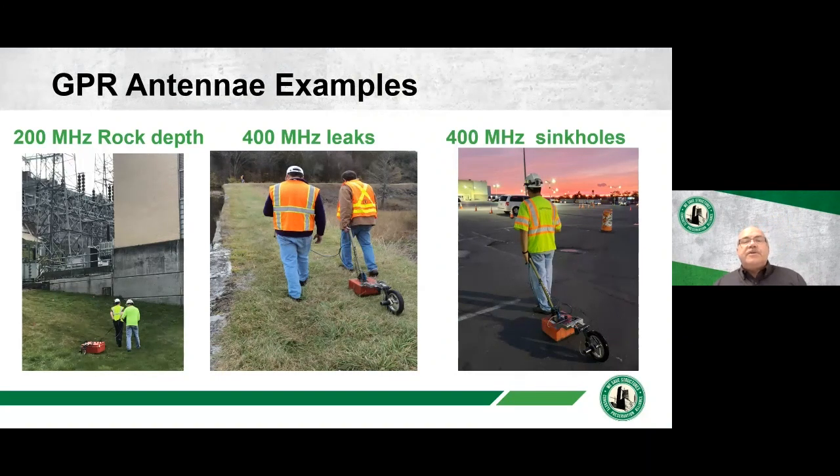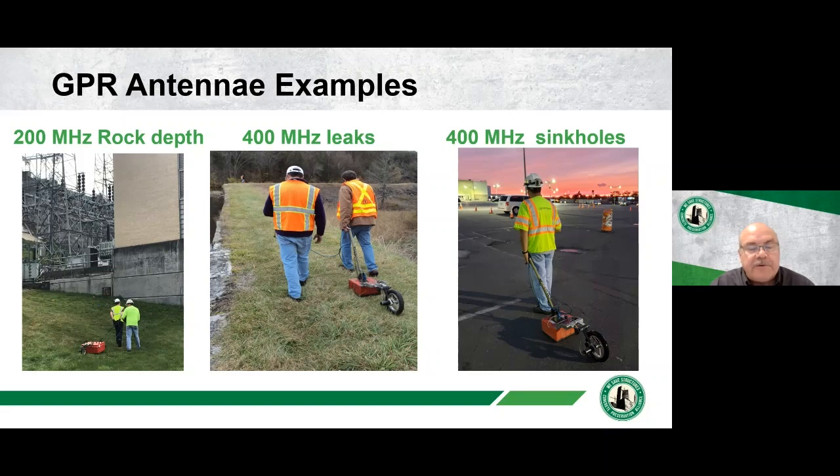A couple of GPR antenna examples. On the left is the larger orange box. That's a lower frequency, 200 megahertz antenna. Really good for locating rock depth, rock profiles, not just one particular data point in rock elevation from, say, a soil boring, but rather a profile, as long as it's relatively shallow. In dry granular soils, the 400 or the 200 megahertz can ideally penetrate 8 to 10, maybe even 12 feet.